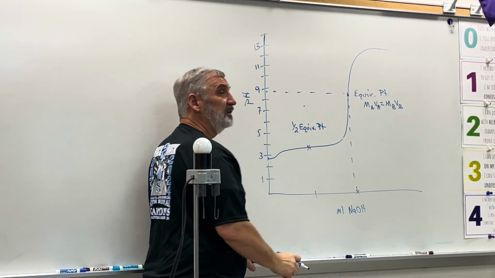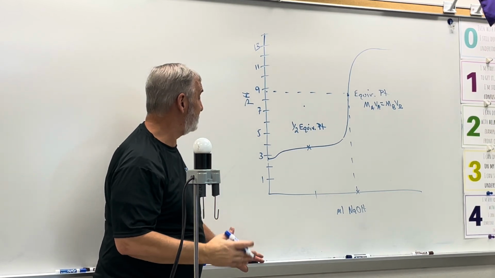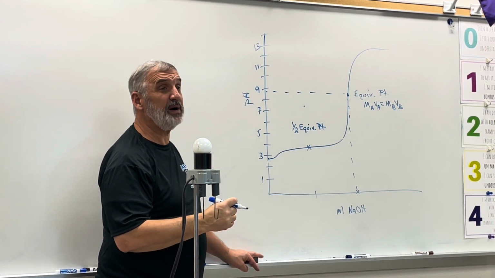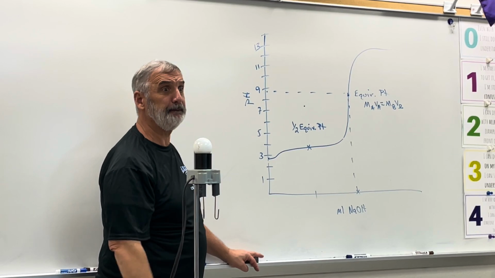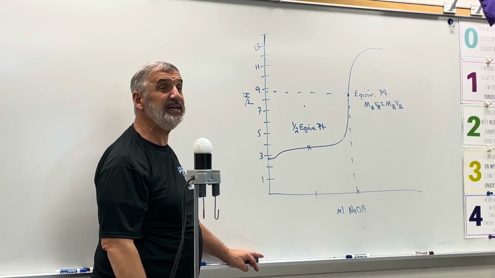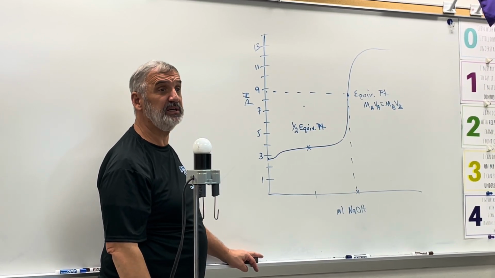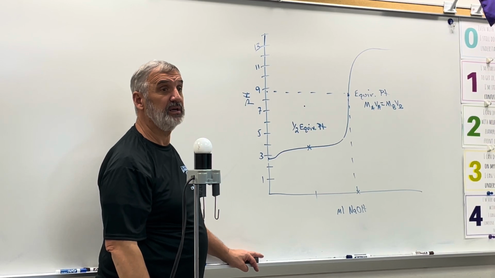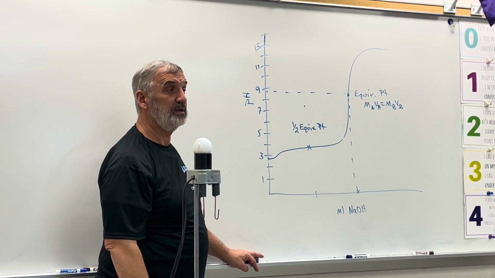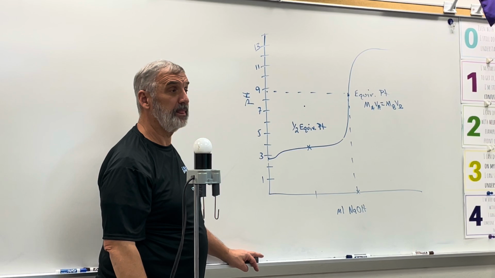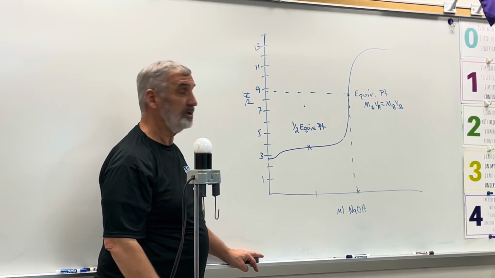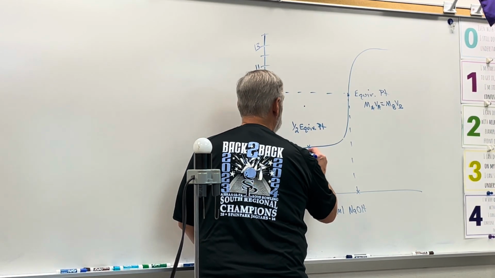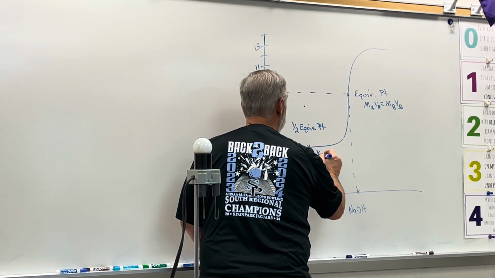So if I say this, then what is going to be my approximate pKa? What's the pKa of this weak acid going to be? Like 3. Okay, so how do we know that? pH equals pKa, because here, pH is equal to pKa.